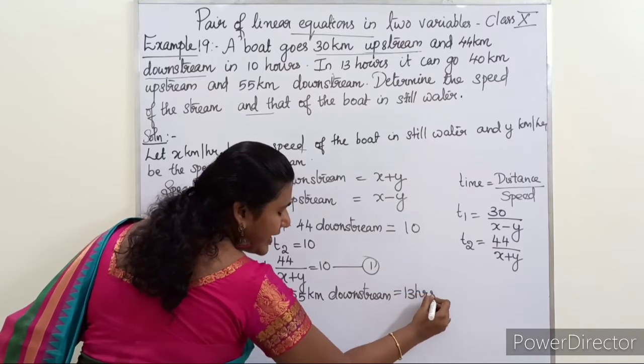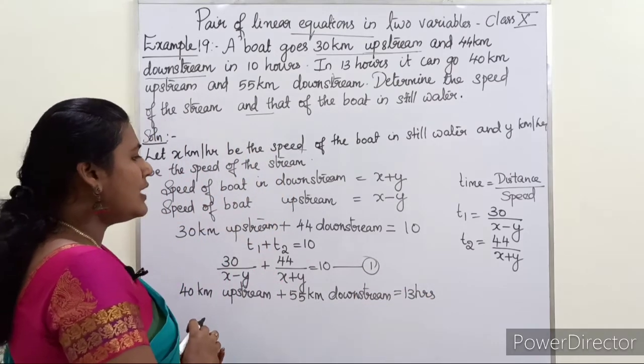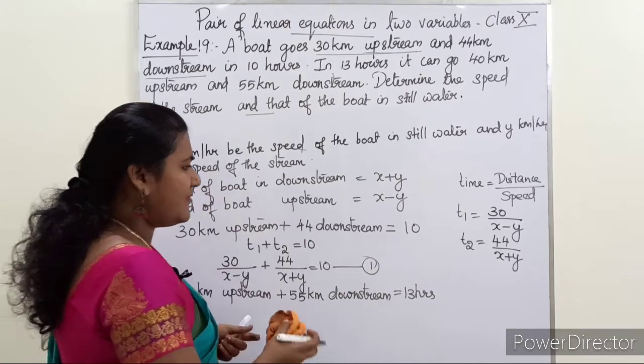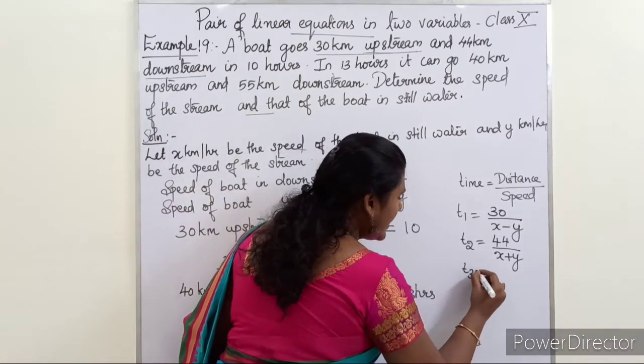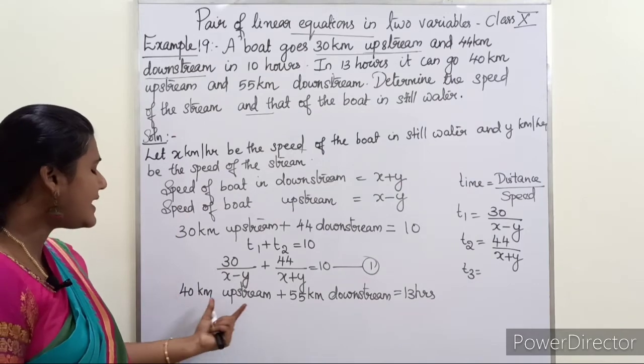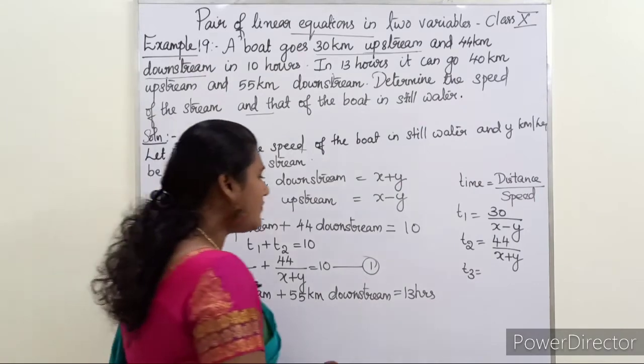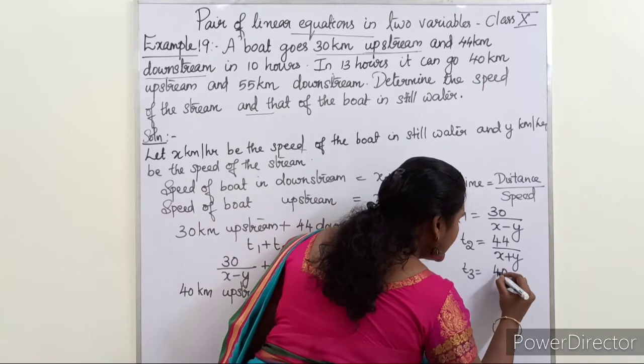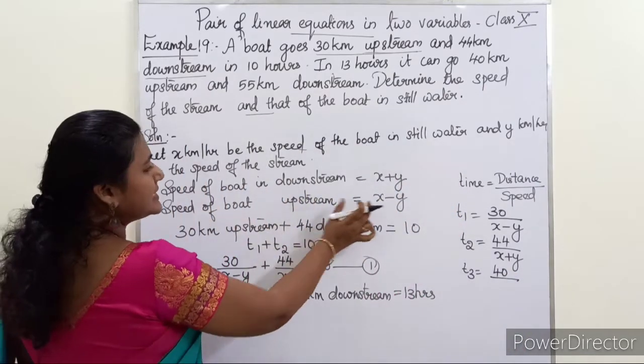So again we will find the time taken, and we will denote it as T3. So T3 is the time taken to travel 40 kilometer upstream. So we will write T3 as 40 by x minus y, since the upstream speed is x minus y.